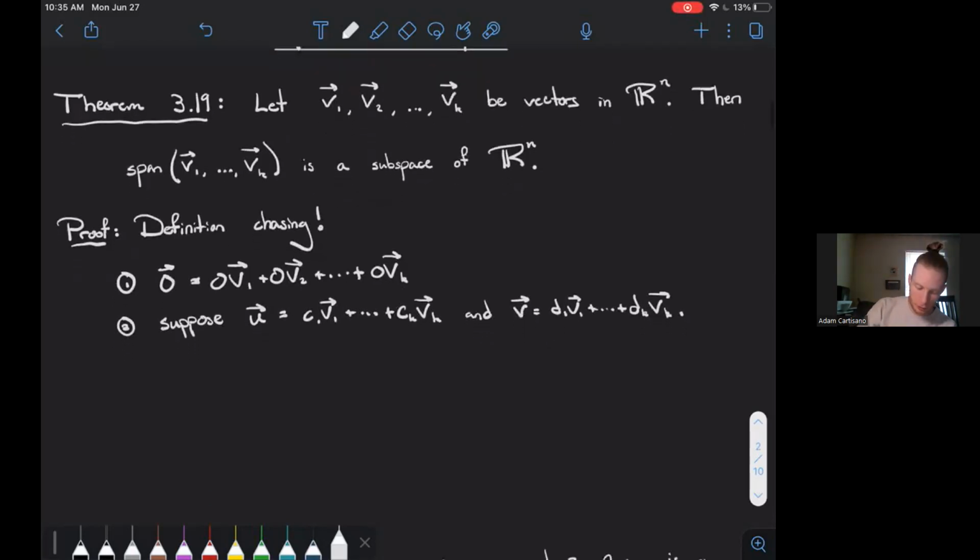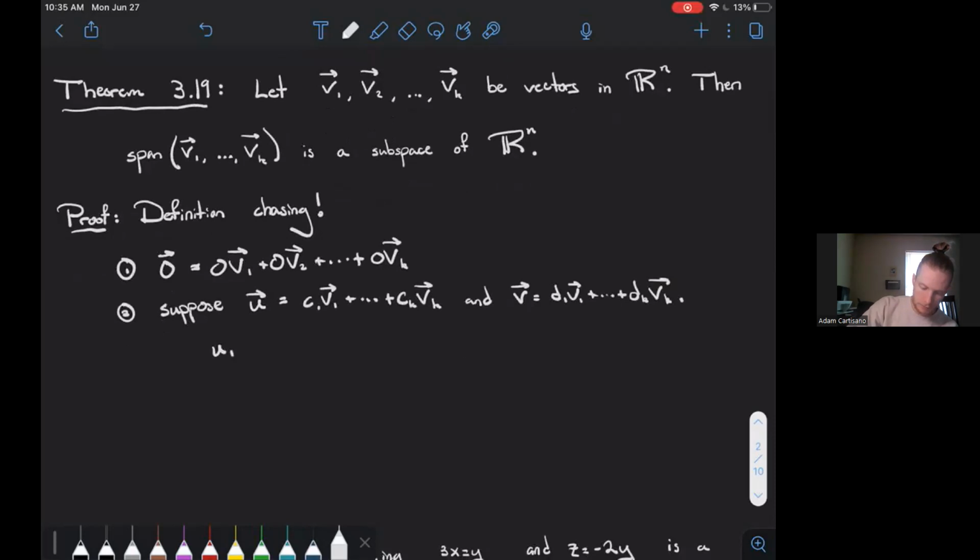We want to show that U plus V is inside of the span. Okay, so it's going to be c1 v1 all the way up to ck vk plus d1 v1 all the way up to dk vk.